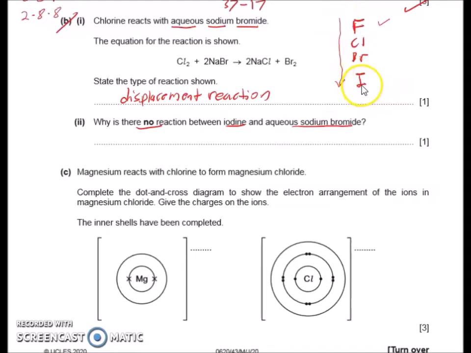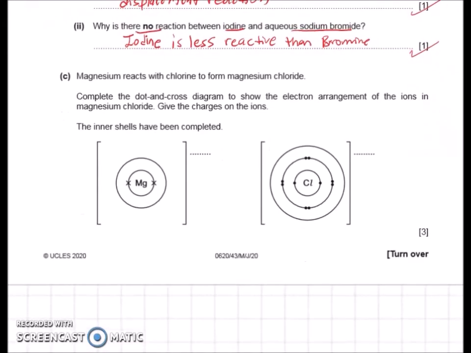So iodine is less reactive compared to bromine. So this is your answer: iodine is less reactive than bromine, as I have explained over here. So you'll be getting 1 mark. Next we move on with the next question.